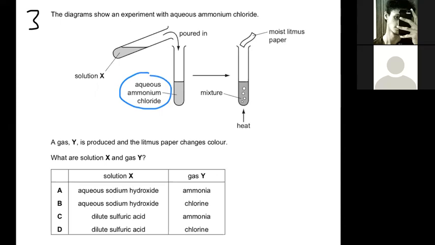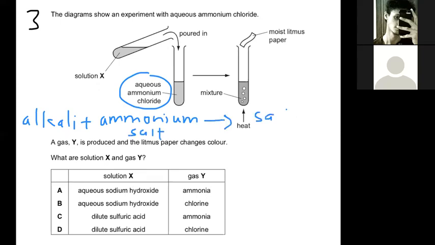Now, there is a reaction of alkalis and ammonium salts. Alkali plus ammonium salt, that can be ammonium sulfate, ammonium chloride, ammonium nitrate, and so on, produces a salt plus water plus ammonia gas.